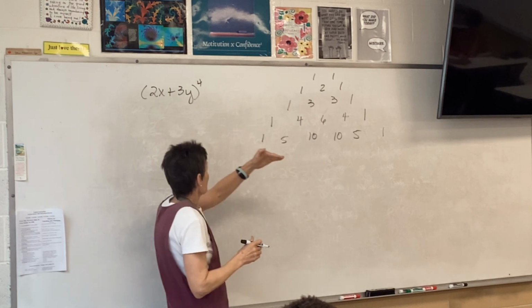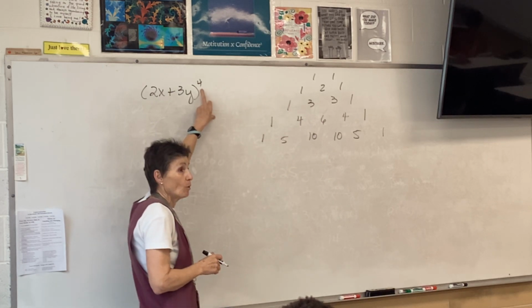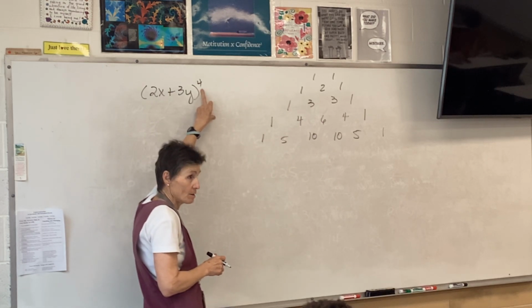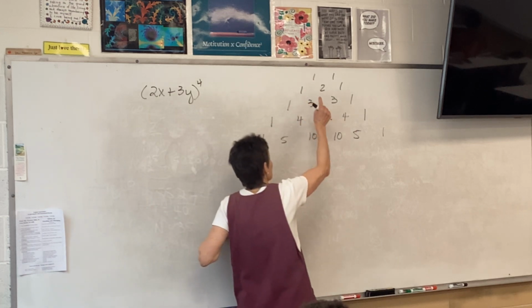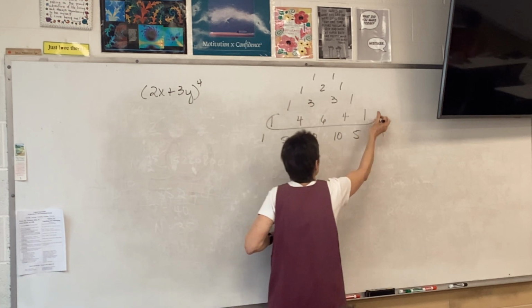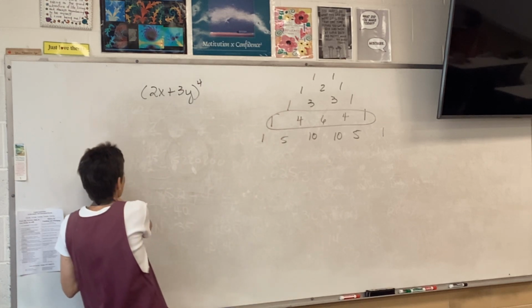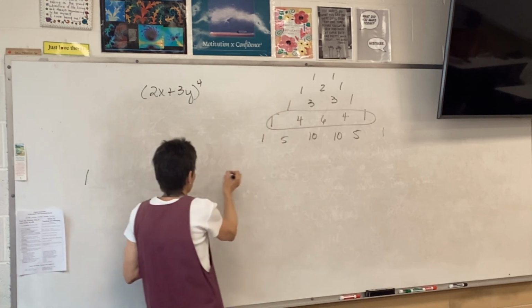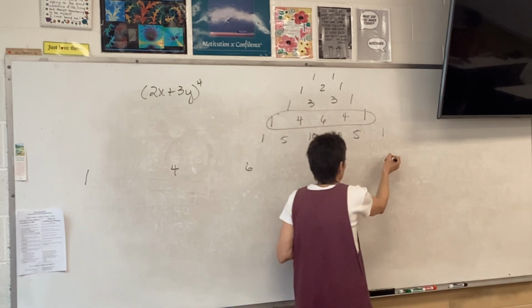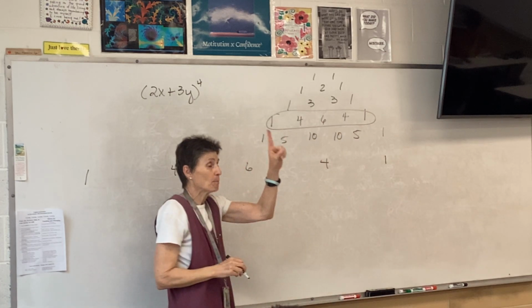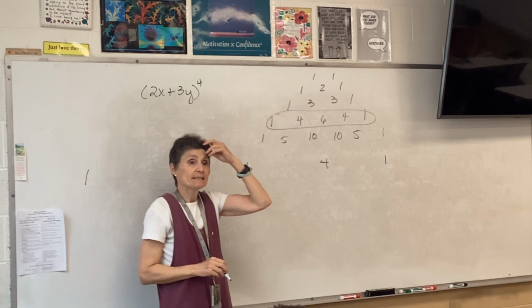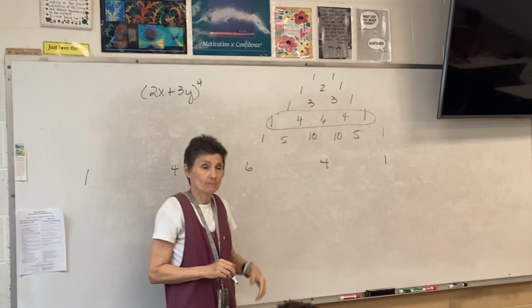Now, in this particular problem, because we're going to the 4th power, I need the 1, 2, 3, 4th row. So I write those numbers down. 1, 4, 6, 4, 1. That's step 1 of the problem. Get your numbers written down.